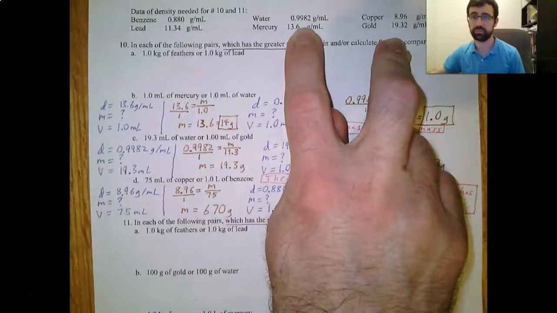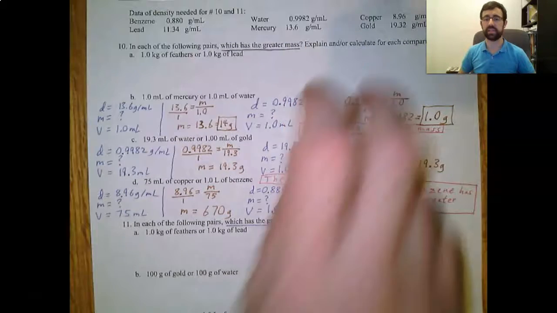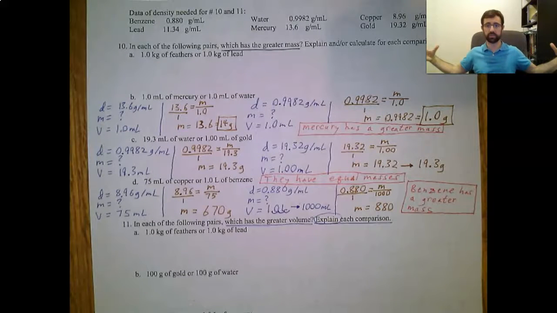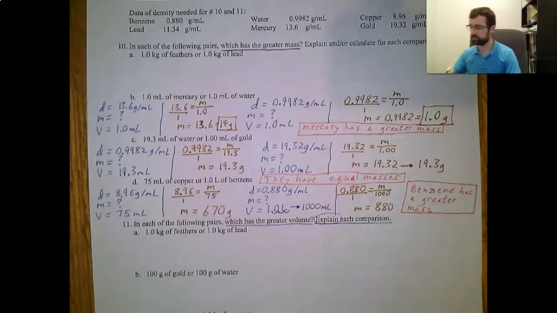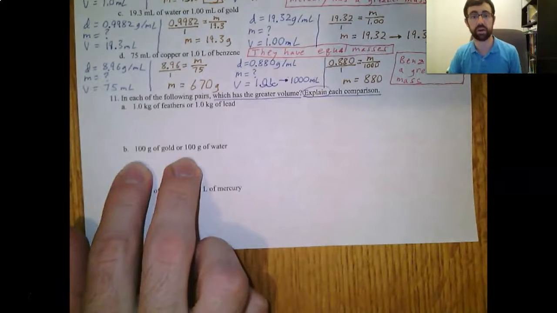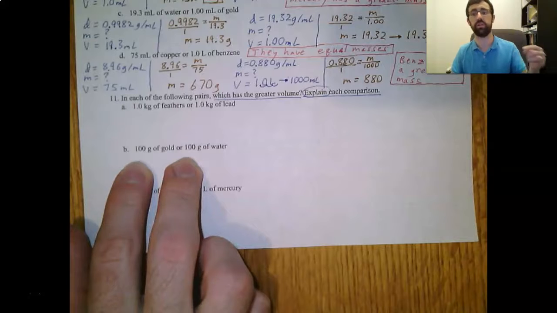Well, if they've got the same mass, the greater volume is going to be the lower density. I know that sounds kind of counterintuitive, but if I have a low density, that means it takes a larger volume to make the same mass. These both have the same mass. So to have a greater volume, I'm going to pick the one with the lower density.